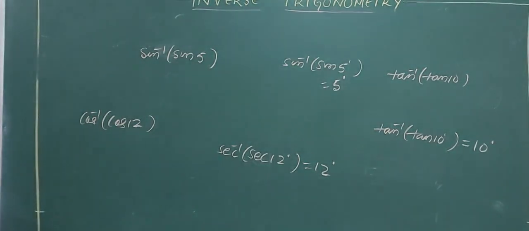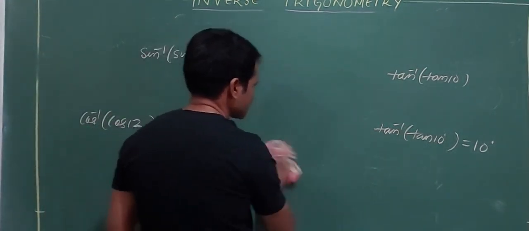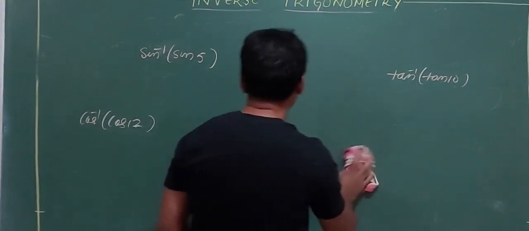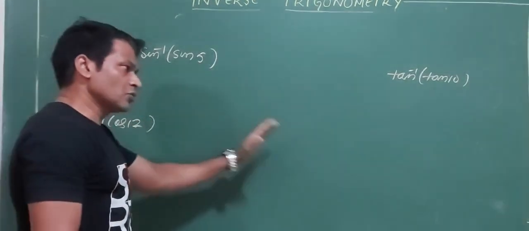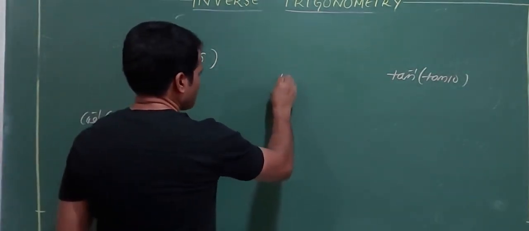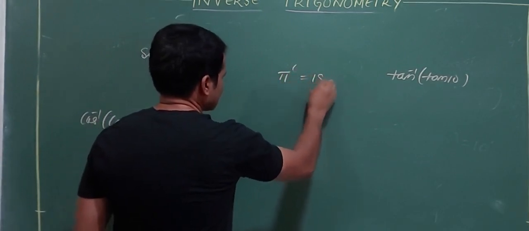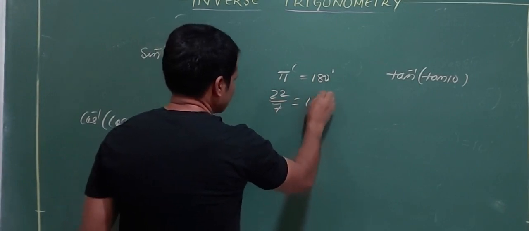Now I am coming back to the difficult ones. Alright. Generally the students have a doubt, sir, how to solve this one. Okay. I am giving a method. Then I will go to the graph also. The graph method also I will give you. Don't worry. Suppose pi radian is equal to 180 degree. That is 22 by 7 is equal to 180 degree.